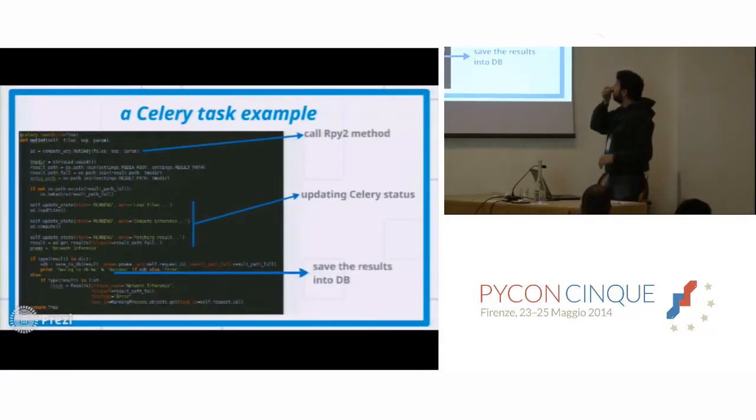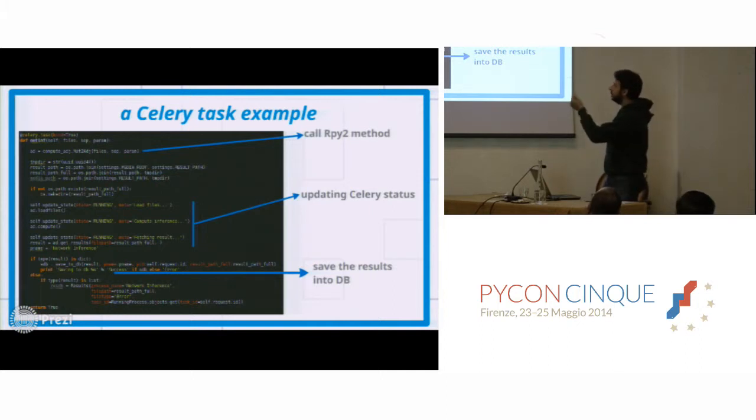This is the Celery task example in ReNette. In this case, this is the task for network inference. The first line is the wrapping method for the RPy2 function to use the math2adj function to compute the inference algorithm, as a Python object.